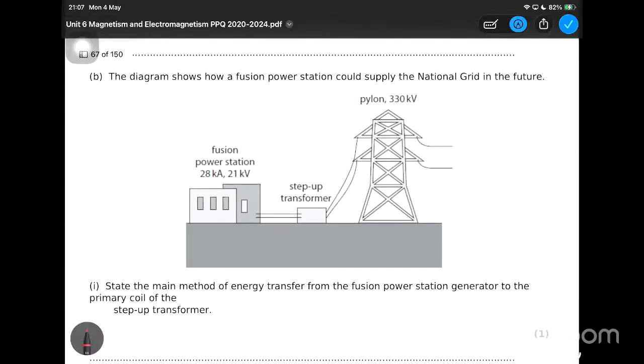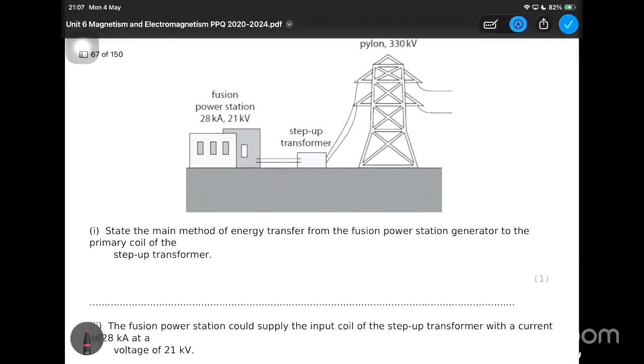Question 34, part B. The diagram shows how a fusion power station could supply the national grid in the future. There's the power station and a step-up transformer connected to the national grid. State the main method of energy transfer from the power station generator to the primary coil of the transformer.